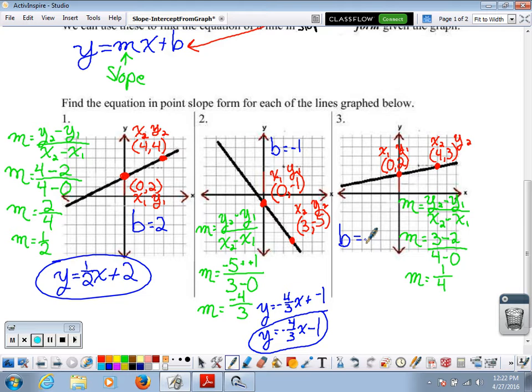At 0, 2. Okay? So what's the number there that we're concerned with? The 2. Okay, the b is equal to 2. So let's take all those pieces and let's sub those into y equals mx plus b. Hutch, can you sub those into y equals mx plus b?